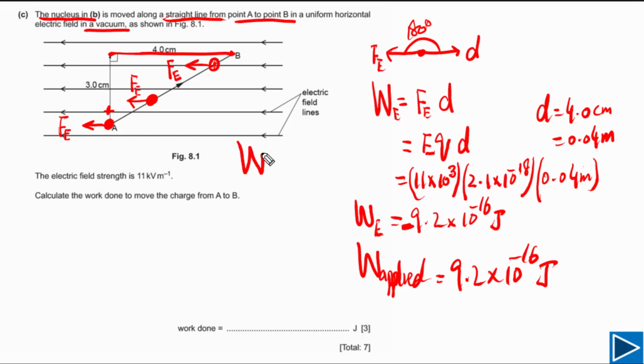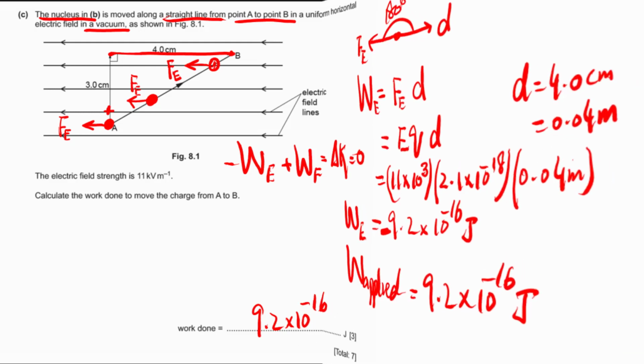The work done by the electric force is negative, and the work done by the applied force is positive, and together they equal the change in kinetic energy. Because there is no change in kinetic energy, these two works are equal. So our final answer will be 9.2 times 10 to the negative 16 joules.